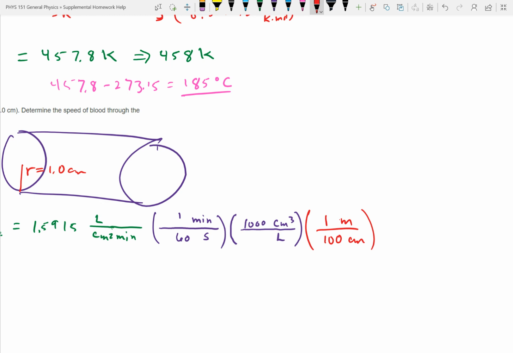And so now if I look at my units, I have centimeters squared times centimeters cubed, and those all canceled out. The liters canceled, and my minutes canceled. And now I'm going to have it in meters per second.